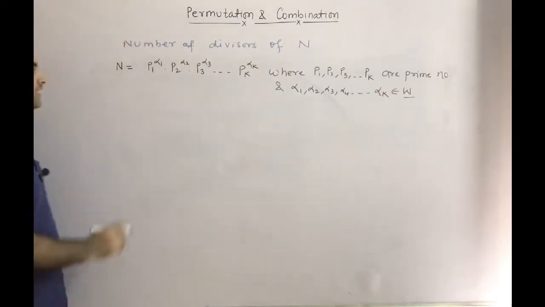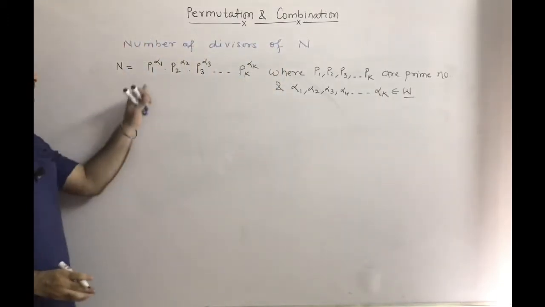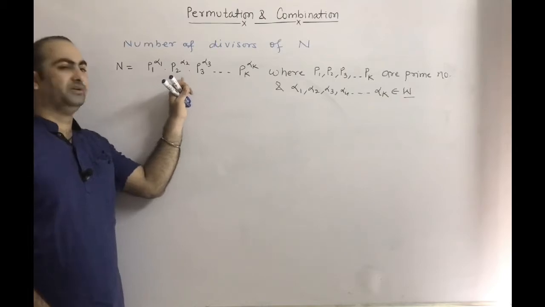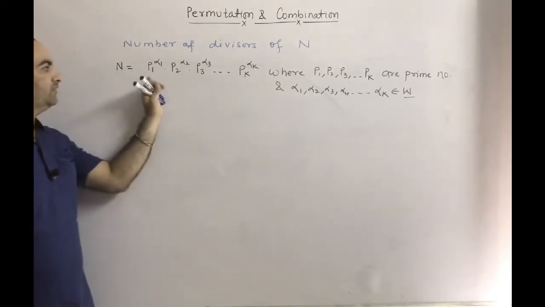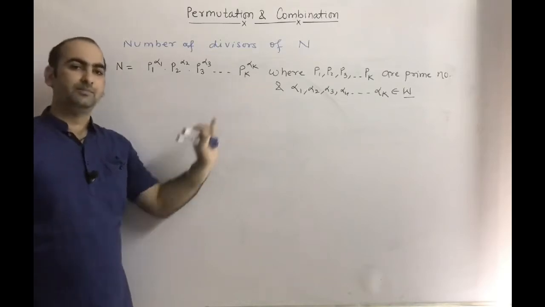So first the natural number we will write in the form of p1 power alpha 1 into p2 power alpha 2 into p3 power alpha 3 and so on pk power alpha k, where p1, p2, p3 and so on pk are prime numbers.